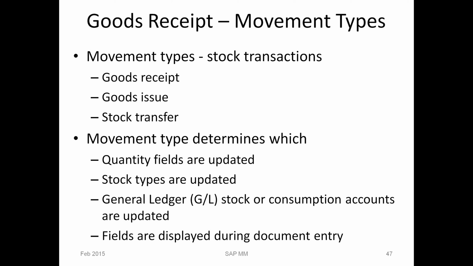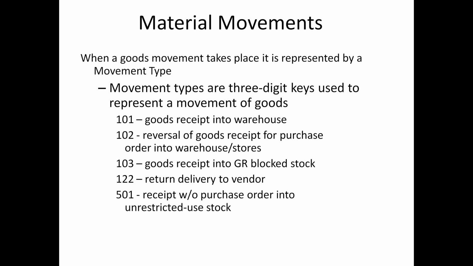The movement type determines what quantity fields will be updated and what stock types are updated. It also gives you the general ledger account, like which general ledger account will be updated, and the fields displayed during the document entry. We'll talk about this in detail because this is very top level now, but once you go into the system, you will understand more what I'm talking about.